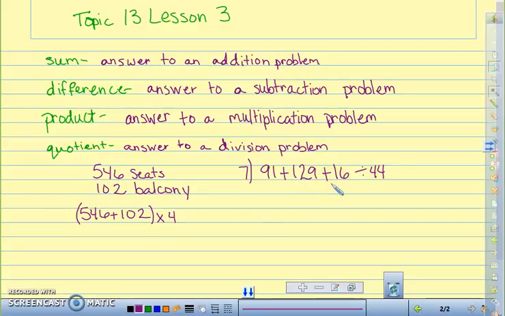It says add 91, 129, and 16, and then divide by 44. So we need to add these together first. We need to put parentheses around them. We need to add them together first, and then divide by 44, excuse me.